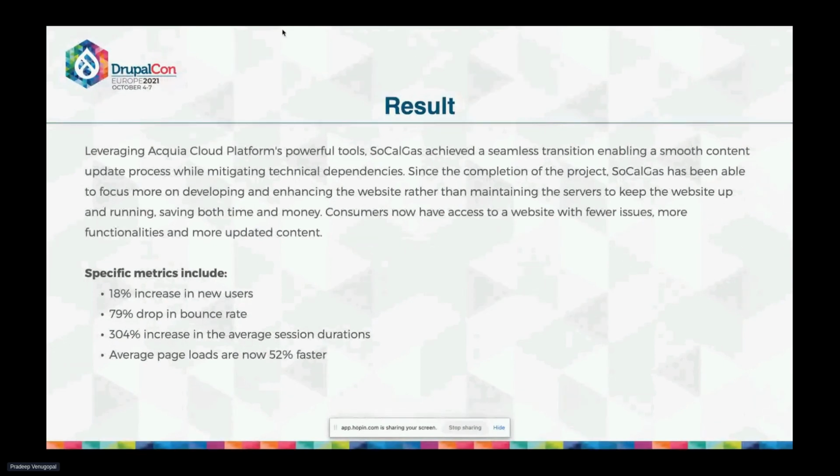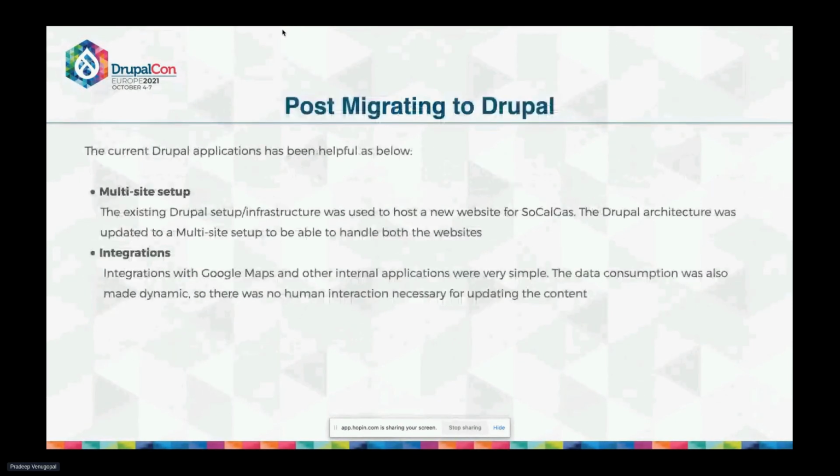And having Drupal as a CMS, their content authoring process also improved, so they were able to use the system in a more efficient way, and thereby publish contents easily and quickly. So this is what we achieved, a win-win situation both for the editors as well as the consumers.